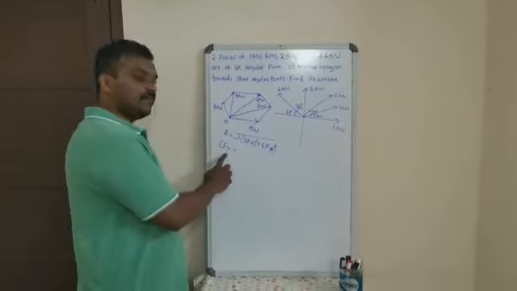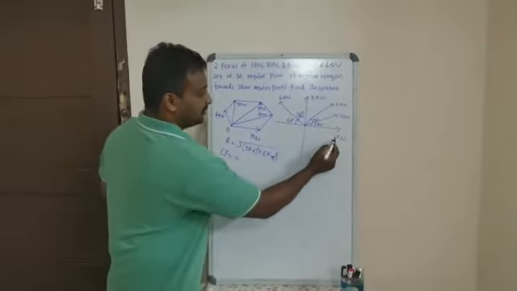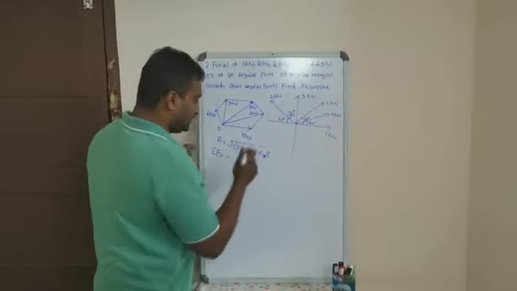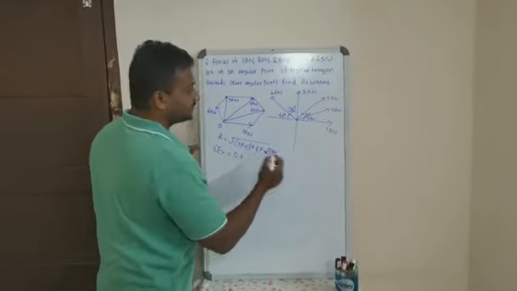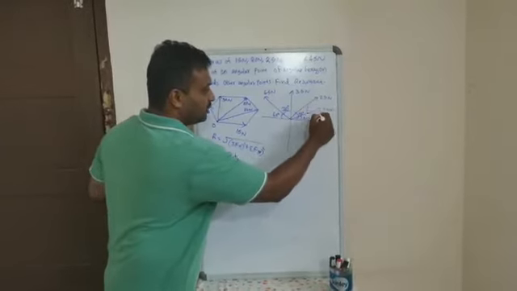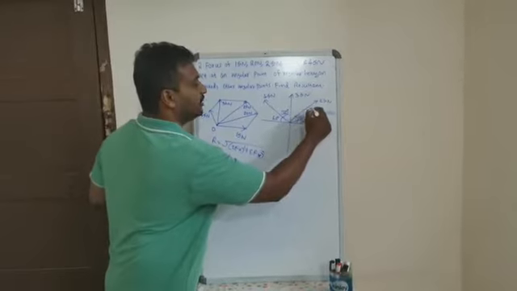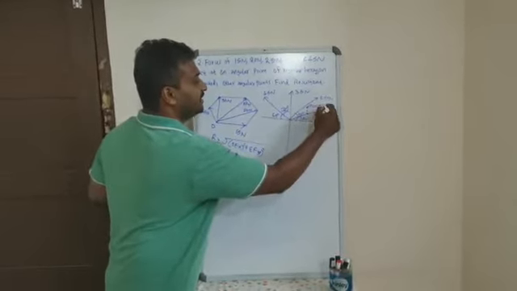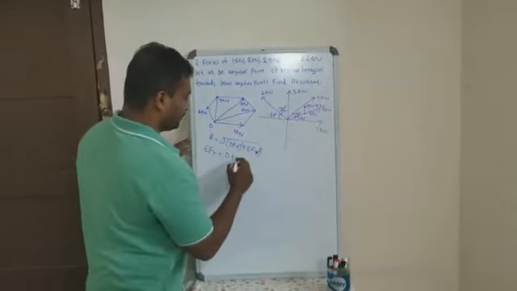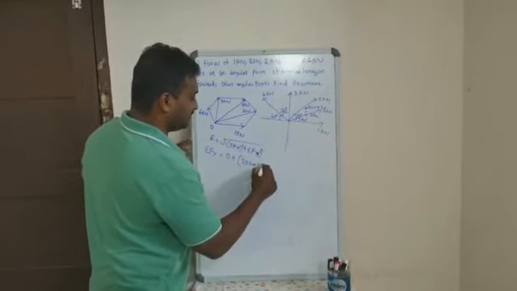Resolving the forces in y direction, that is sigma fy. Sigma fy is equal to, first, 50 Newton in horizontal direction, therefore it is 0, plus the second component, 20 Newton is resolved into two components. It is making an angle 30 degree with horizontal, therefore this component 20 sin 30, plus 20 sin 30.